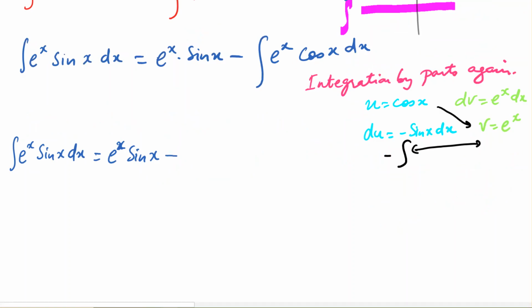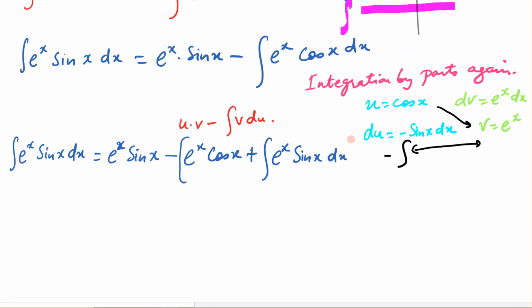So we're going to use our formula u times v minus integral of v du. Plugging in the values, u times v means e raised to power x cosine x minus the integral of e raised to power x and negative sine x dx. So this will become positive sine x dx.